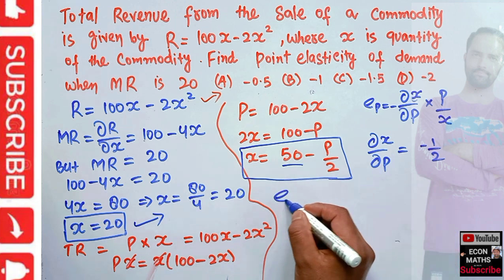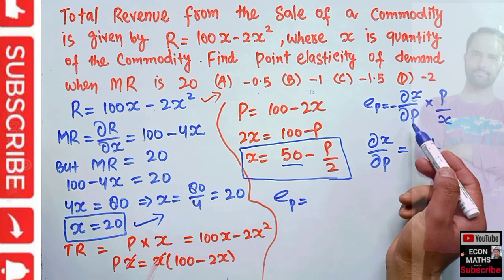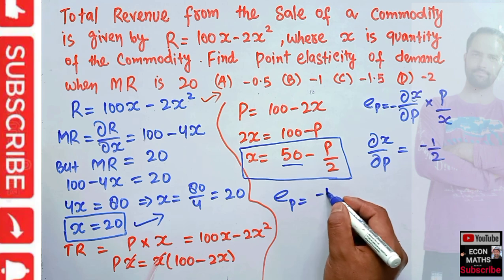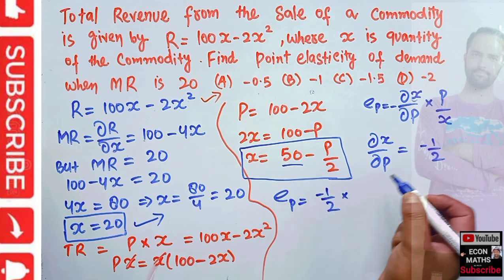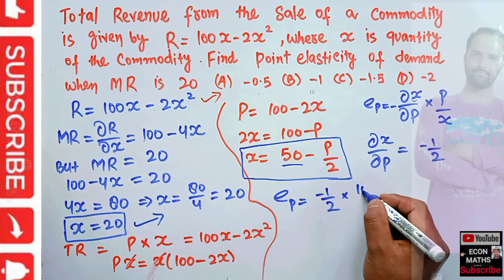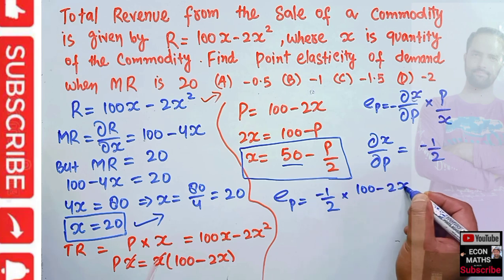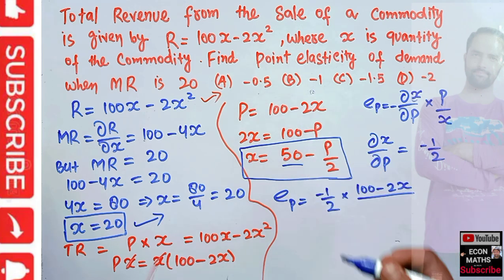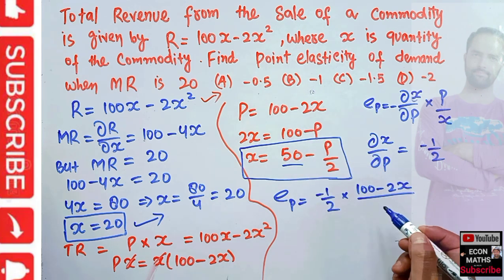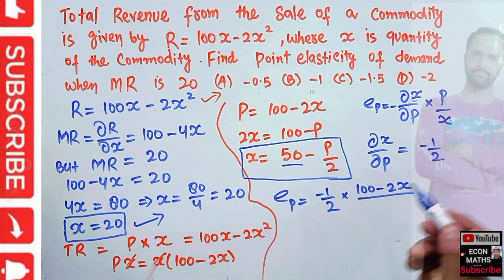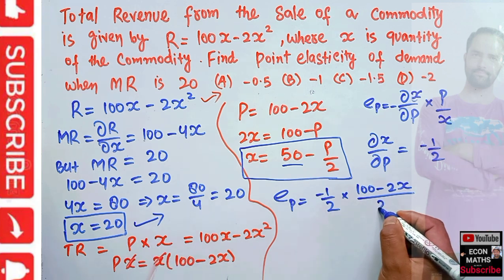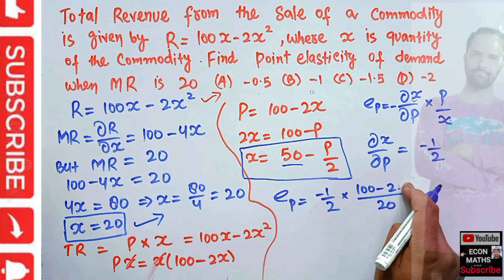Now elasticity of demand will be equal to dx upon dP, which we got as minus 1 upon 2, into P upon x. P is not given to us, we have derived it as 100 minus 2x, and the value of x is 20, and here also the value of x will be 20.